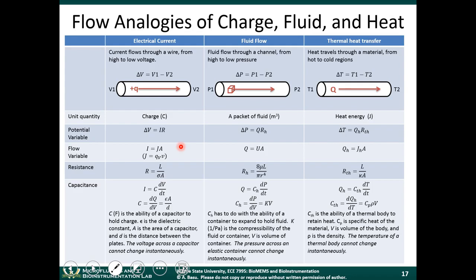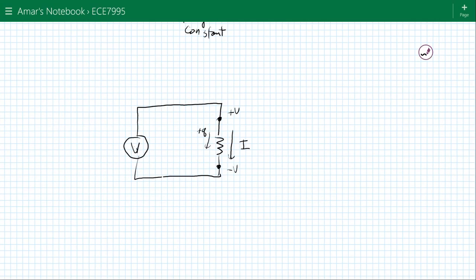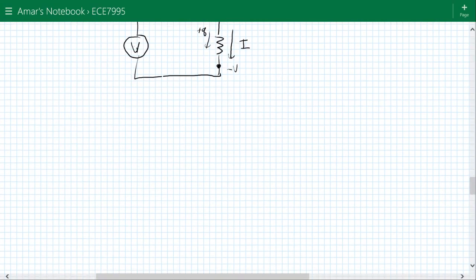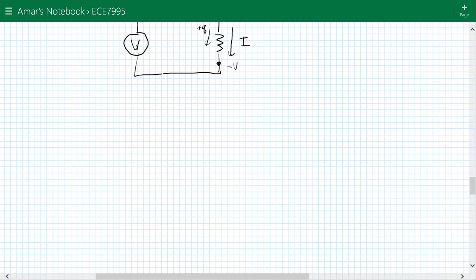How many charges pass through a surface area, for example in a medium like a wire? Right. Yes. It's a number of charges passing by per second.